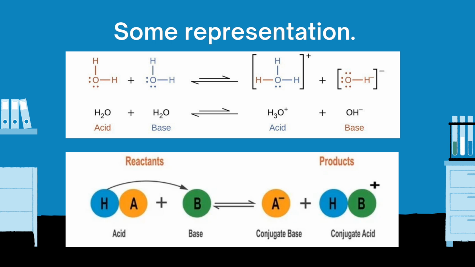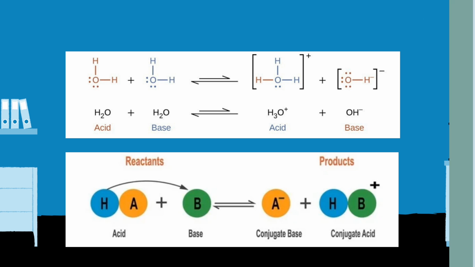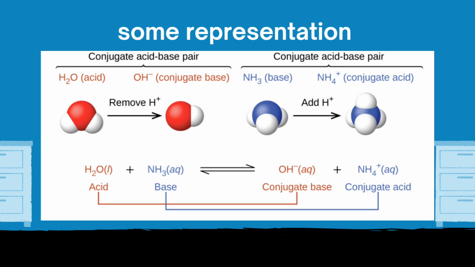That's the second picture. We represent an acid as HA and a base as B. So the H goes to the base, which becomes a conjugate acid, and the A remains negative to become a conjugate base. So just look at the pictorial and then learn ahead.